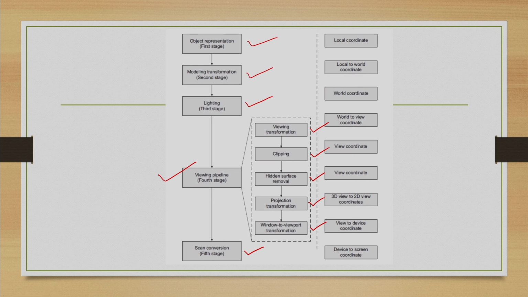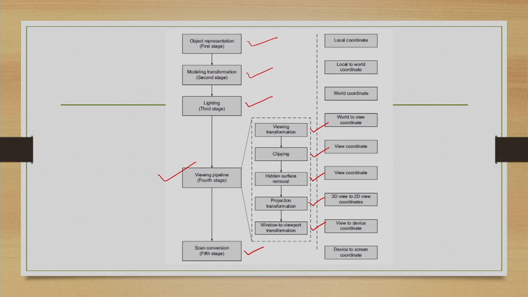I would like to emphasize here again the fact that although in this course I will be following this sequence of stages, in practice it is not necessary to follow this exact sequence. When a graphics package is implemented, you may find that some stages are coming after other stages, although in the sequence that I have discussed, they are actually before those other stages.